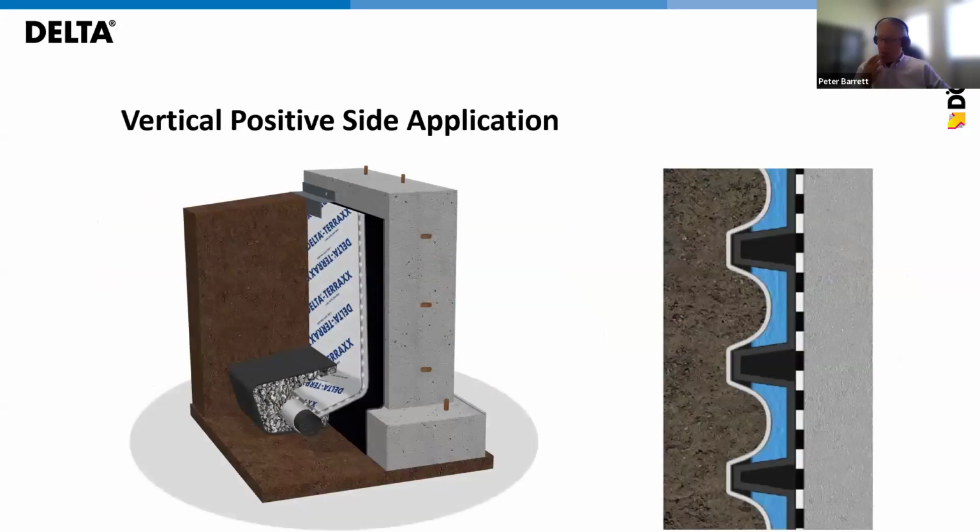Let's look a little more at the vertical positive side. This is applied after the wall has been poured and the forms have been removed because we require access to the exterior. Highly effective drain boards that control the flow of water below grade in vertical applications, taking it out and away from the building foundation, is very important for water management.